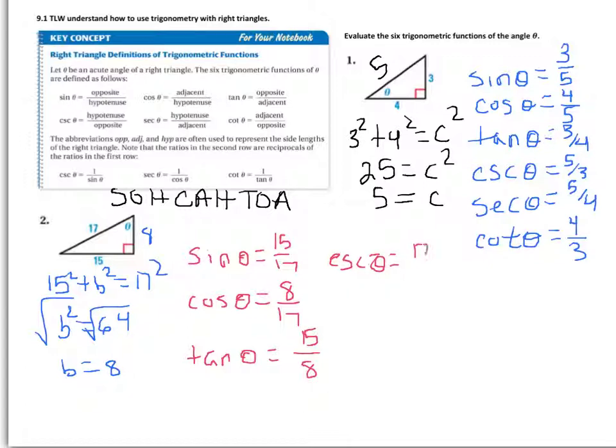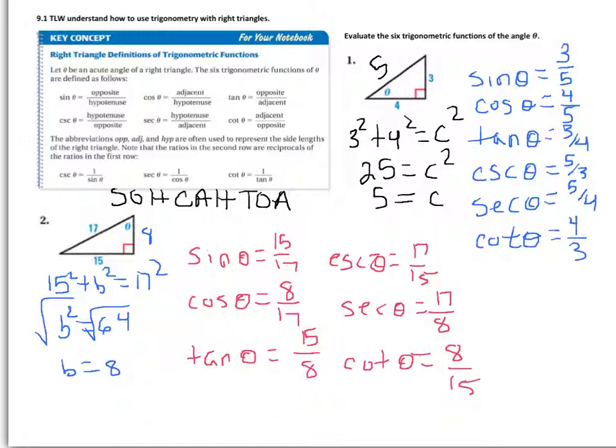So 17 over 15. Secant, 17 over 8. Cotangent, 8 over 15. Okay? So there we go. That's the basics of the 6 trig functions.